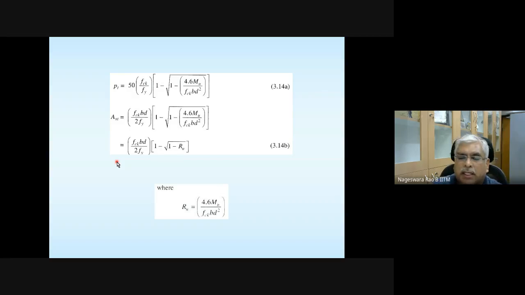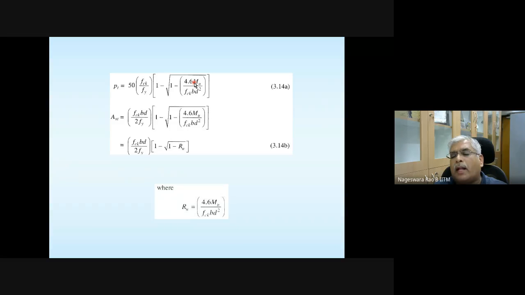In SP16, for different Mu divided by BD square, this quantity, you see this Mu is nothing but your target moment carrying capacity of the section. And once your section dimensions are fixed, you know what BD is, so Mu divided by BD square you can calculate.